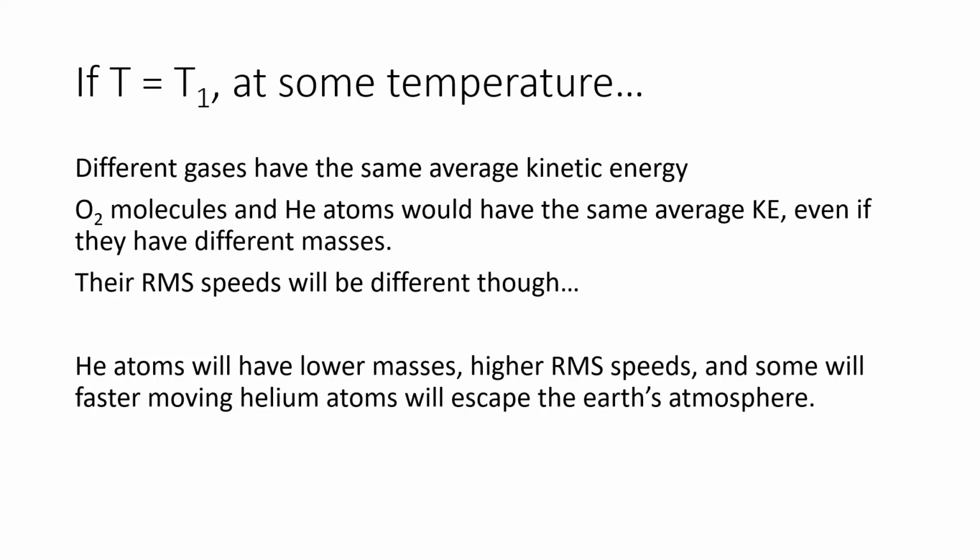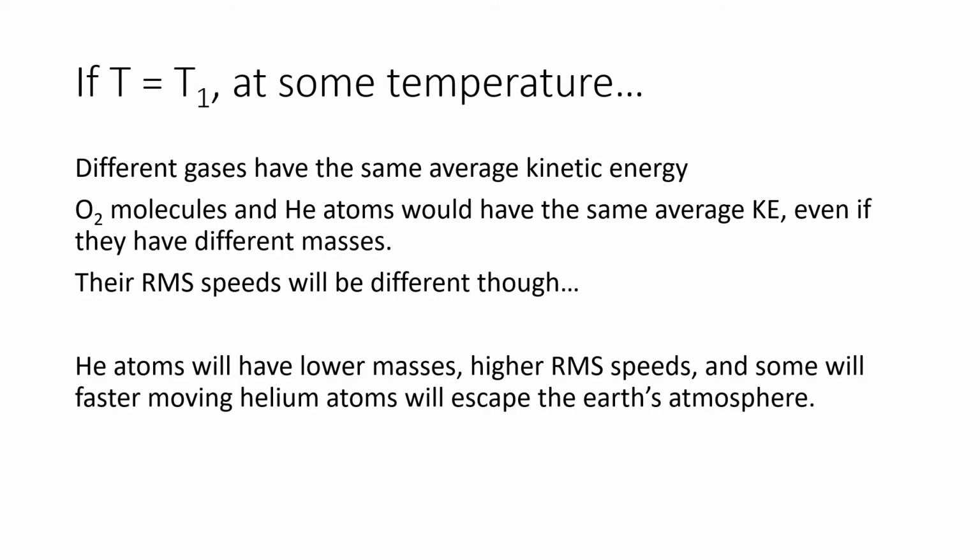Alright, so let's just say you've got a temperature T1. Different gases will have the same average kinetic energy because the definition of temperature is the measure of the average kinetic energy. So if they have the same temperature, they should have the same average kinetic energy.